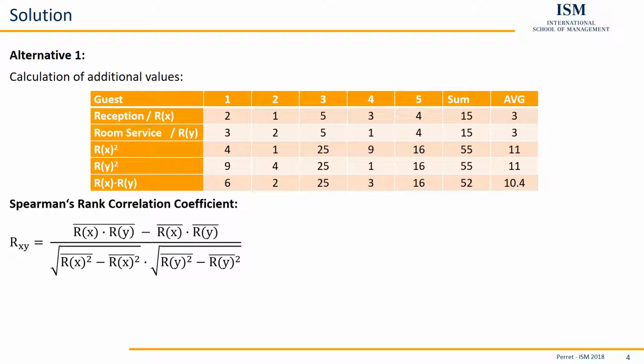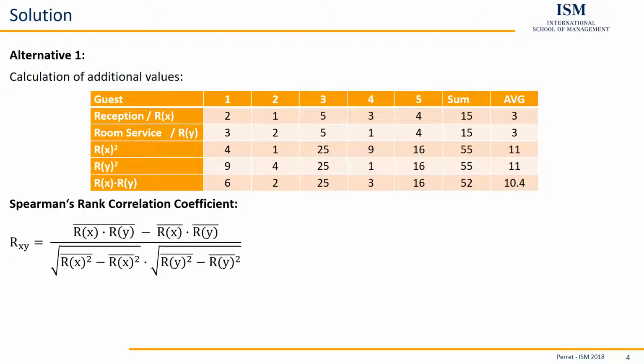Below the fraction line, here we have 2 roots. However, if we take a look at our table again, we see that both roots are actually the same, because the average of the squared rank of X equals the average of the squared rank of Y, and the average rank of X and the average rank of Y also are the same values.